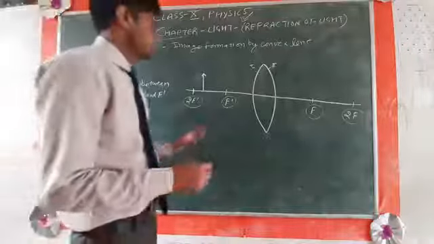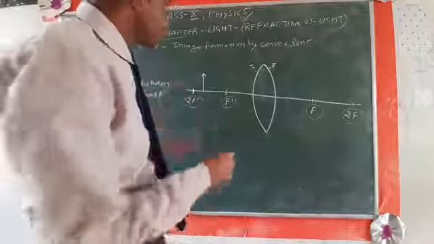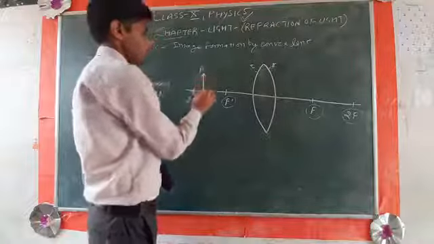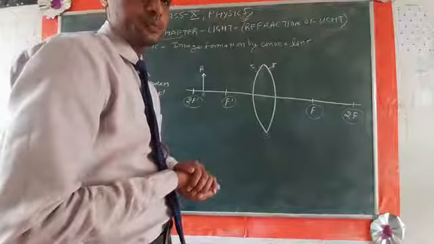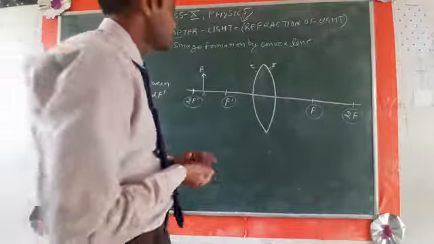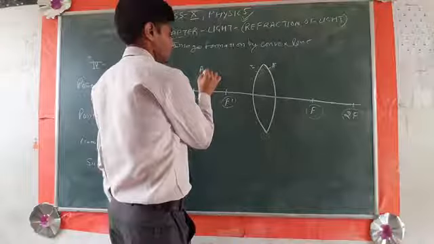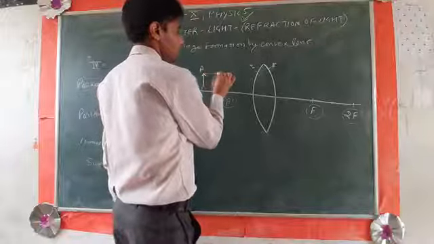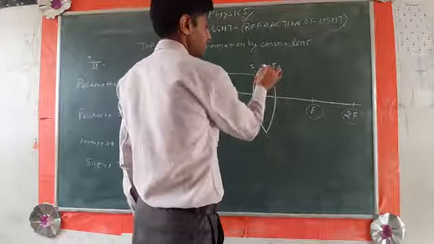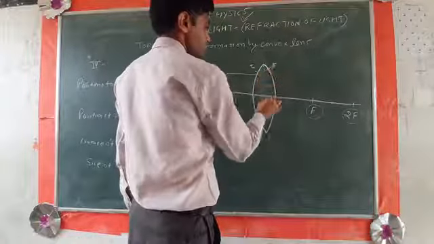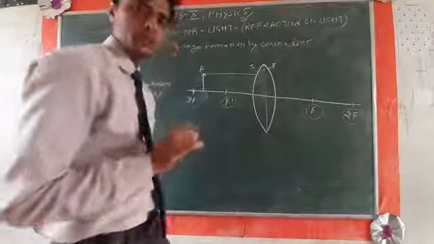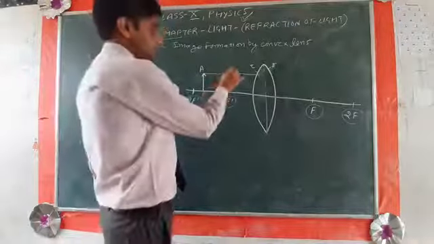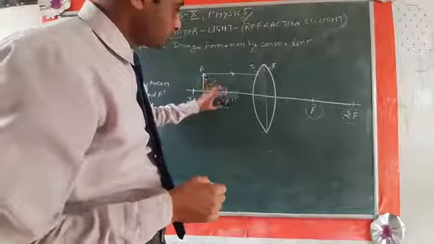Okay, so let an object AB be placed in front of a convex lens. A ray of light travels parallel to the principal axis from point A, which is the top point of the object.